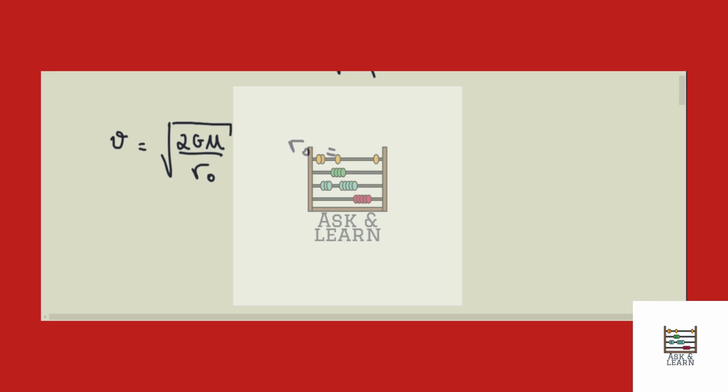So we have that v is equal to the square root of 2GM divided by R0. Now we want to find R0, and that's 2GM divided by v squared. So this is 2 times 6.67 times 10 to the minus 11 newton meters squared per kilogram squared times the mass. I'm not going to write this here because I'm running out of space, so I'm going to write it down here.